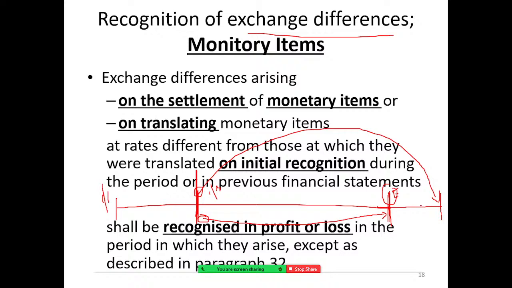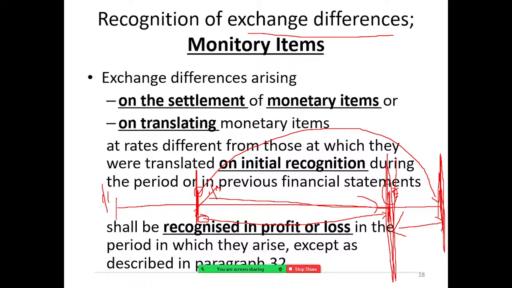So in this case you may encounter two exchange rate differences. The first occurs at the closing date of the financial year and the second at the settlement date. Here is the first difference and here is the second difference.